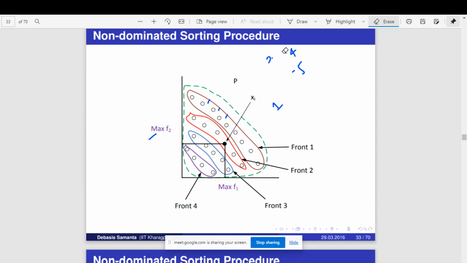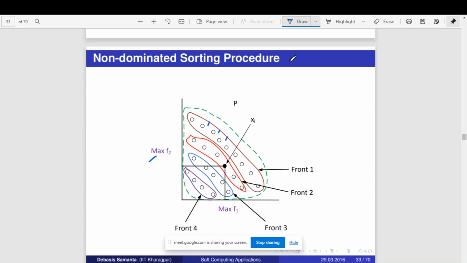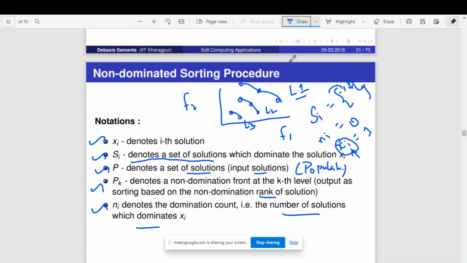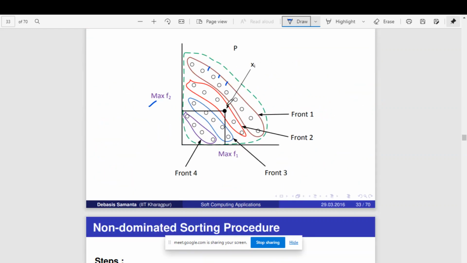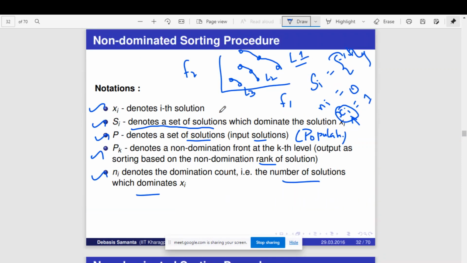Basically this diagram is trying to explain all these parameters. Let us take this point as xi. Then what is Si? It denotes the set of solutions which dominate xi.